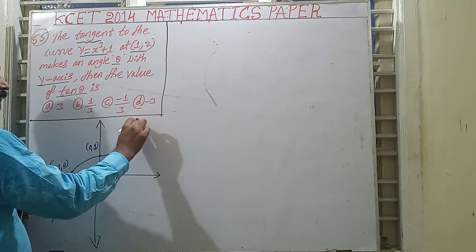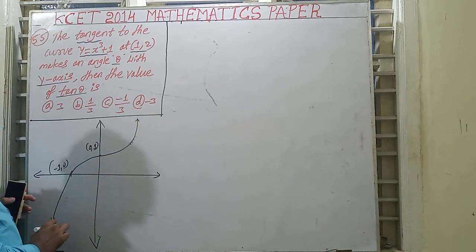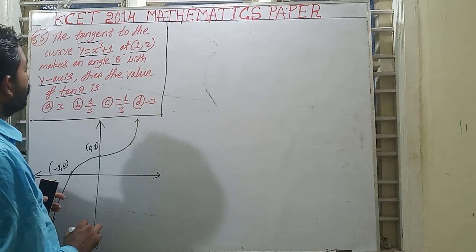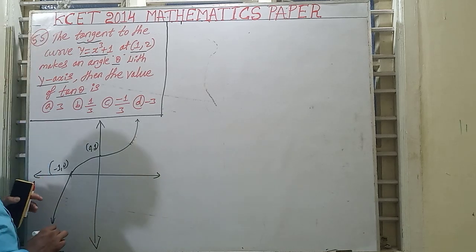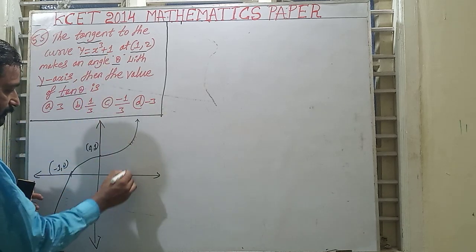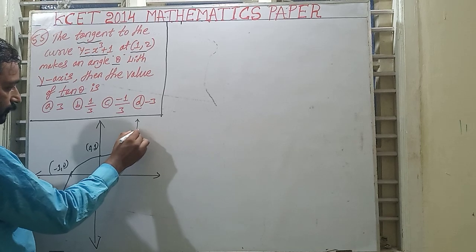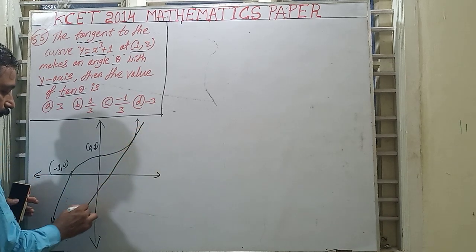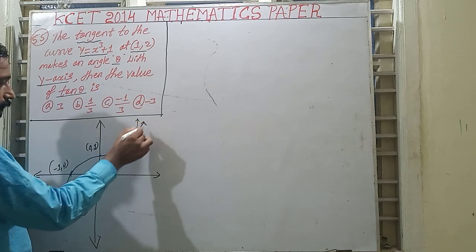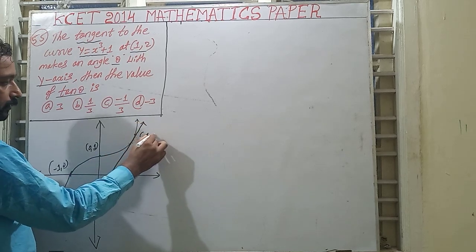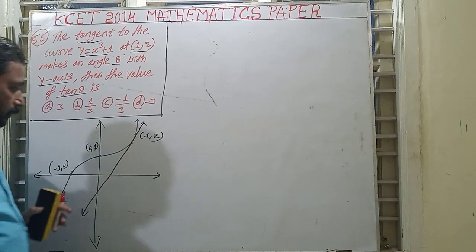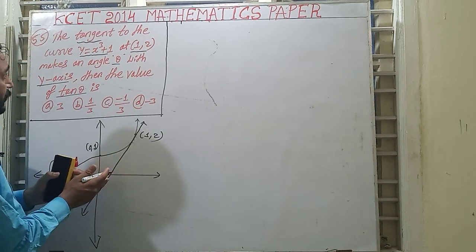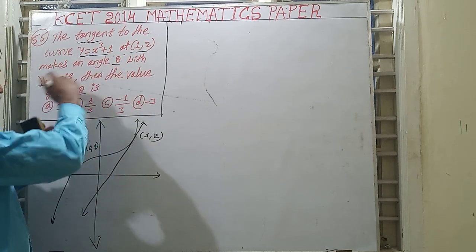Okay, so we have to find out the tangent. First draw the tangent at 1 comma 2. Here 1 is there, 2 is there, 1 comma 2. The tangent to the curve at 1 comma 2 makes an angle theta with the y axis.